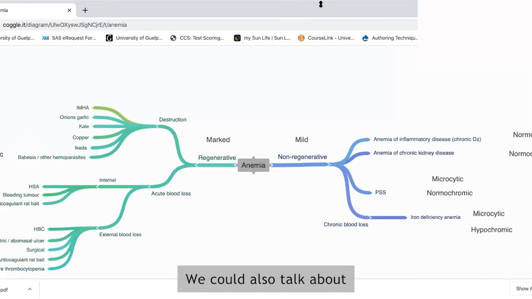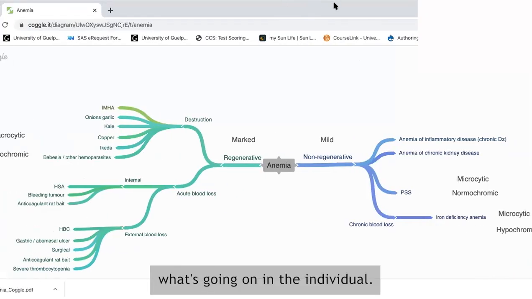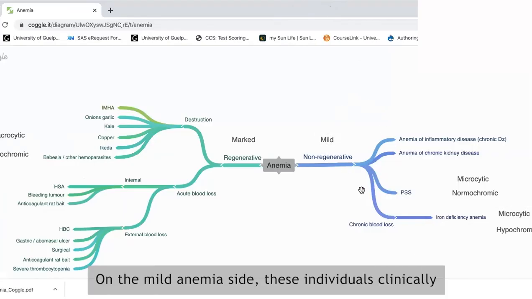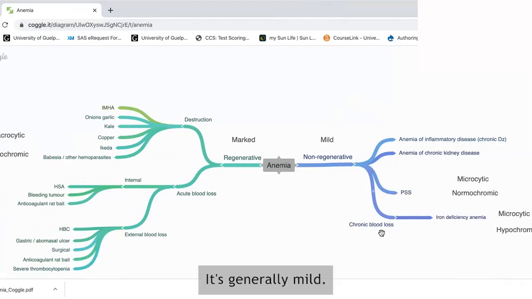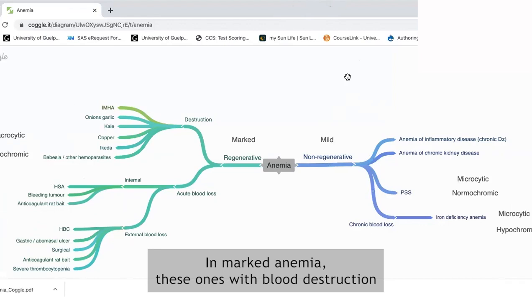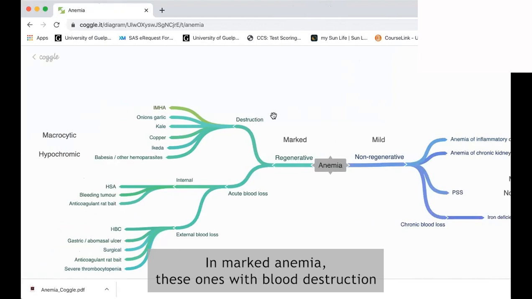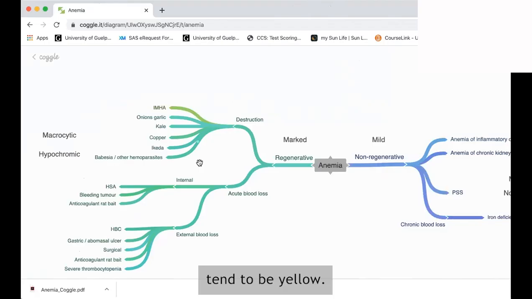We could also talk about what's going on in the individual. On the mild anemia side, these individuals clinically appear pale, depending on how marked the anemia is. It's generally mild. In marked anemia, these ones with blood destruction tend to be yellow.